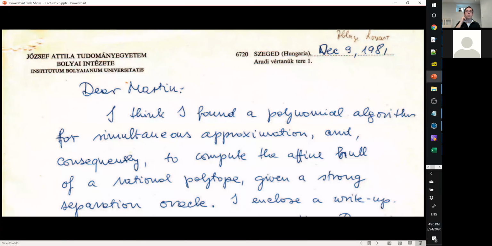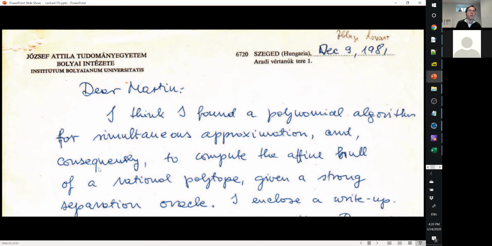Here's part of a handwritten letter from Lovász to Martin Grötschel. Grötschel, Lovász, and Schrijver did this originally in the 80s. They didn't know how to do this last Diophantine approximation step, this very sophisticated number theory, in polynomial time. And he says, "Dear Martin, I think I found a polynomial time algorithm for simultaneous approximation.